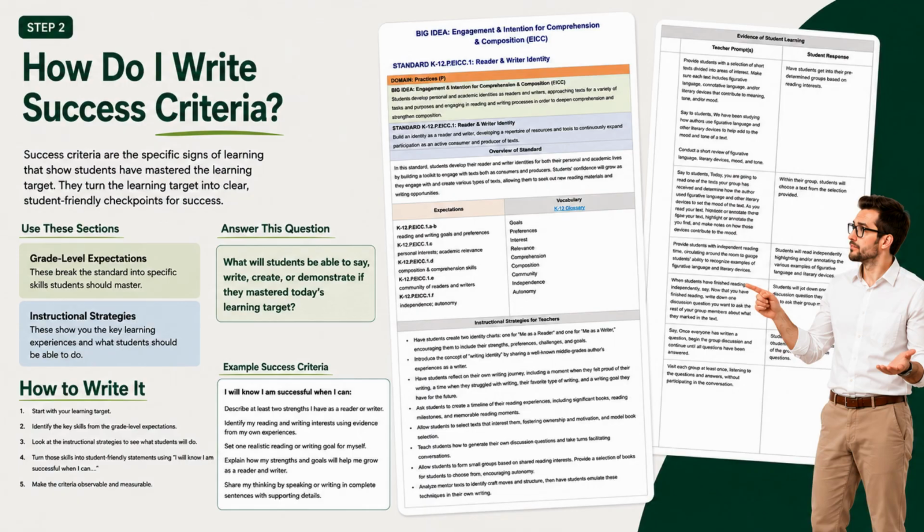Finally, turn those skills into clear, student-friendly statements that begin with, "I will know I am successful when I can." The best success criteria are observable, measurable, and directly aligned to the learning target. When students know exactly what success looks like, they're better equipped to monitor their own progress and take ownership of their learning.